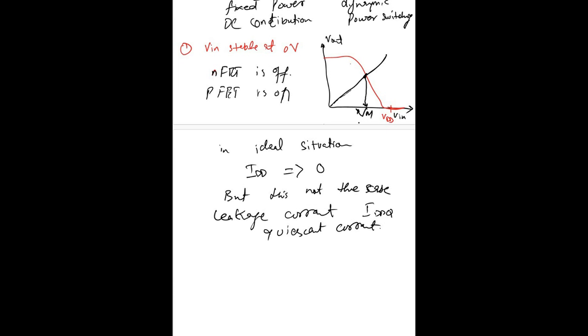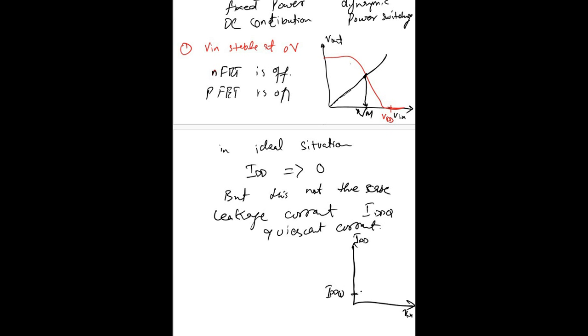So we can draw the graph something like this, where we have our input voltage, and here we have the current, that is IDD. So when Vin is equal to 0, we had a current known as IDDQ.